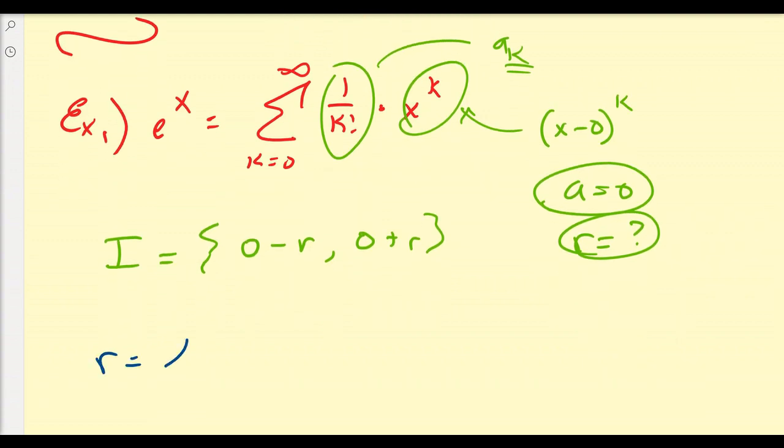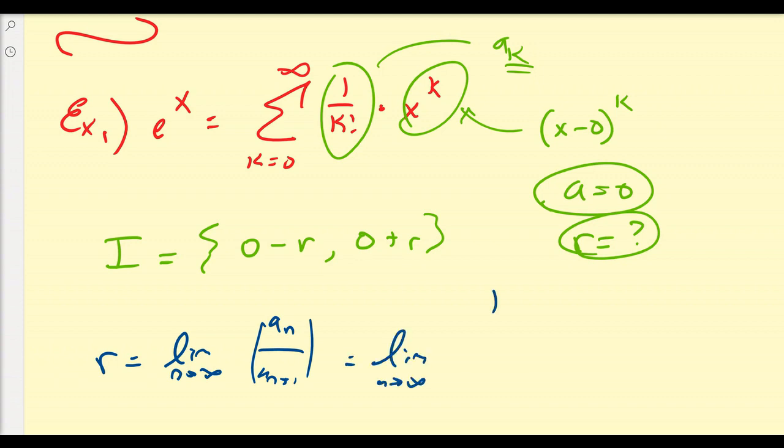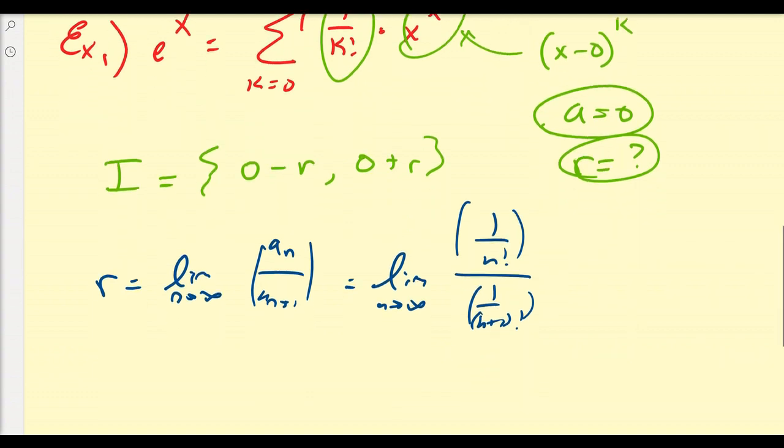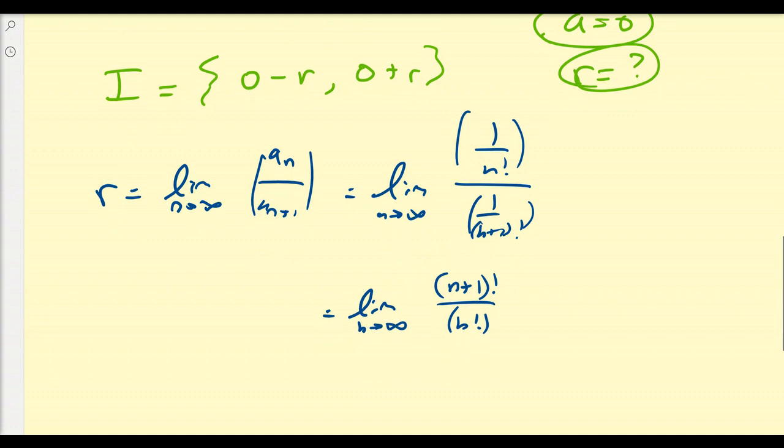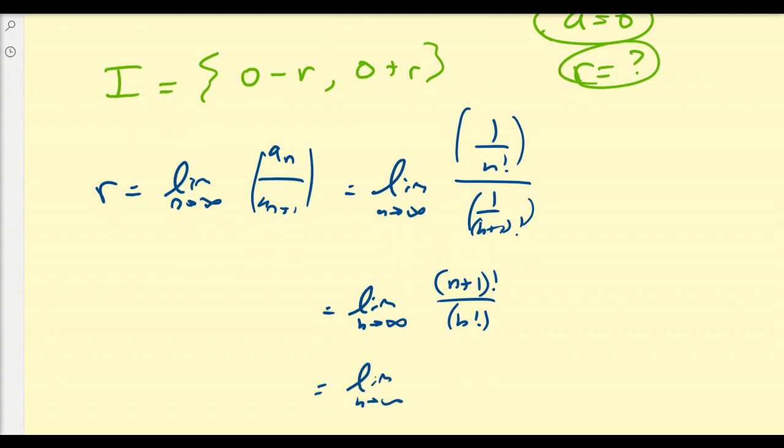So r is going to be the limit as n goes to infinity of a n divided by a n plus 1. So a n in this case is 1 divided by n factorial. a n plus 1 is 1 over n plus 1 factorial. So when you reciprocate both of these, you're going to get the limit as n goes to infinity of n plus 1 factorial all over n factorial, which can expand downwards. So n plus 1 factorial is just the same thing as n plus 1 times n factorial all over n factorial.